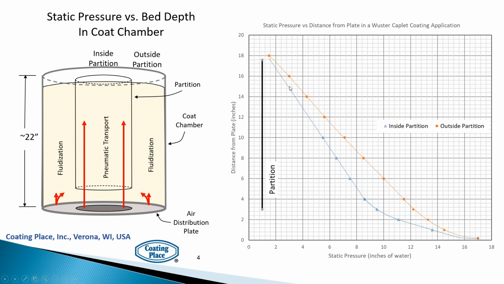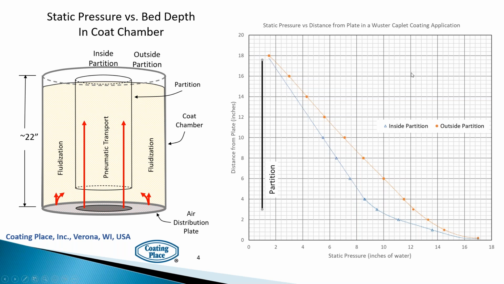And so you have a linear tracking of that pressure as well, but a different slope to the line because it has a different particle density. And it's actually lower because we're essentially diluting the particles out with all that up-bed air. When you get to the top of the bed, you get to the same pressure on both of those scales because they will come to the same point.